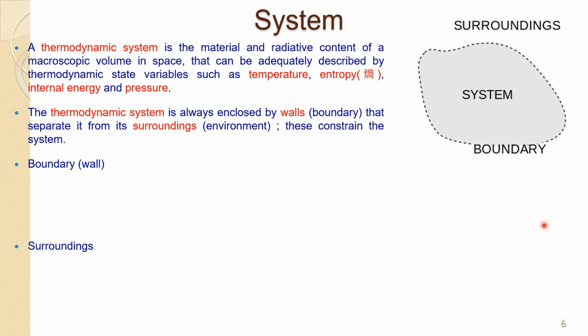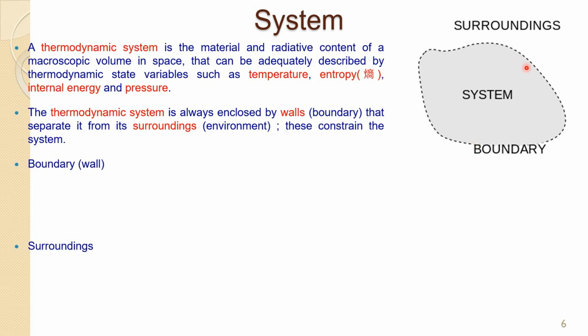But before we talk about this, we need to know what a thermodynamic system is. The system is the material and radiative contents of a macroscopic volume in space that can be adequately described by thermodynamic state variables such as temperature, entropy, internal energy, and pressure.